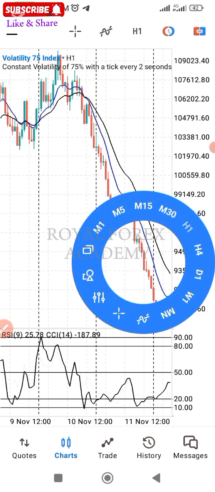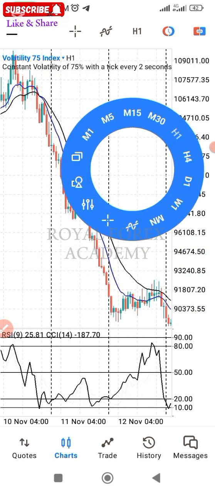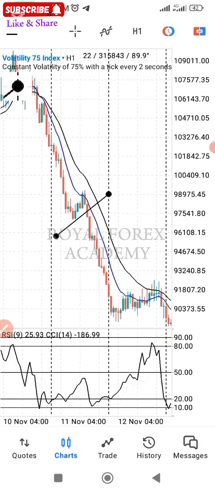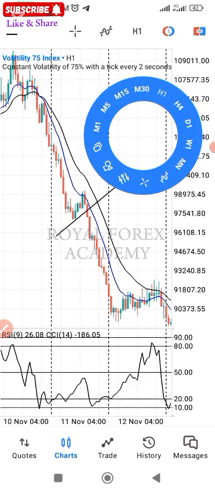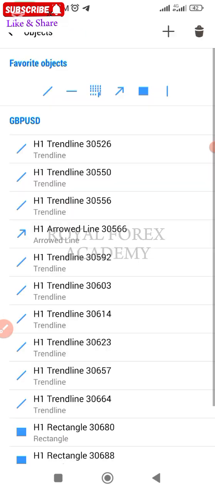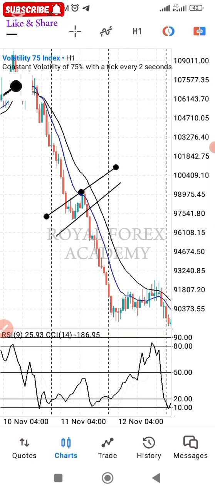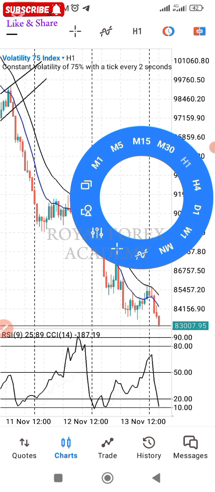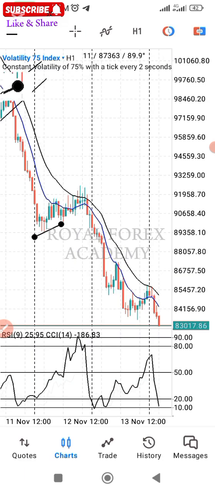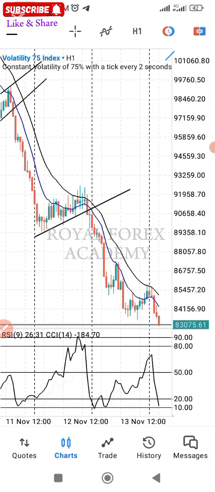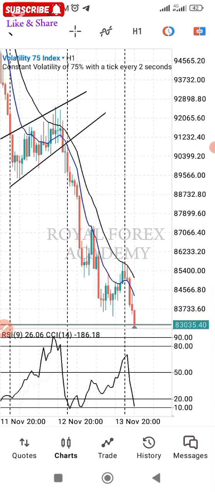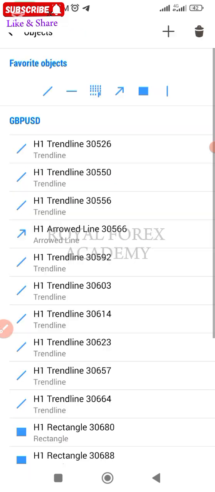Immediately price, this is volatility 75, and this is a bearish flag pattern. So price pulled back into the moving average and continued its movement in the original direction.